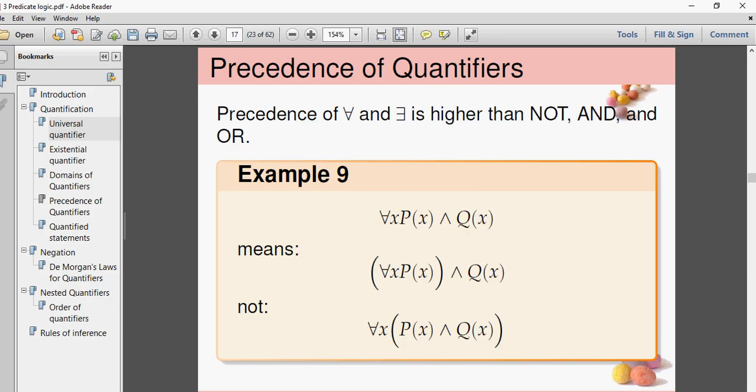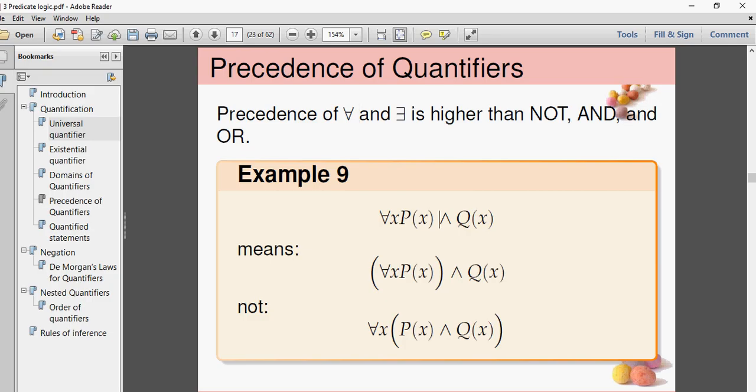So here, for each x, P(x) or Q(x). Sorry, for each x, P(x) and Q(x).